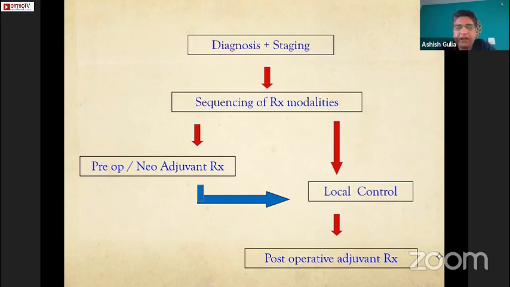Most of the malignant bone tumors are initially put on neoadjuvant treatment, which most of the time is neoadjuvant chemotherapy. And then we need to take care of the local disease. Usually the local control, which in most cases is by surgery, sometimes by definitive radiotherapy, is sandwiched between neoadjuvant and adjuvant chemotherapy.